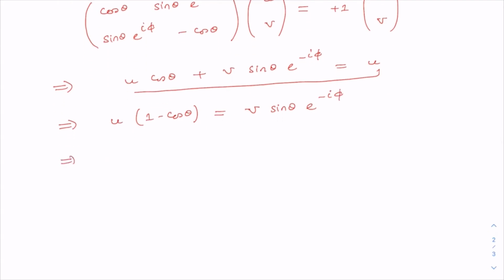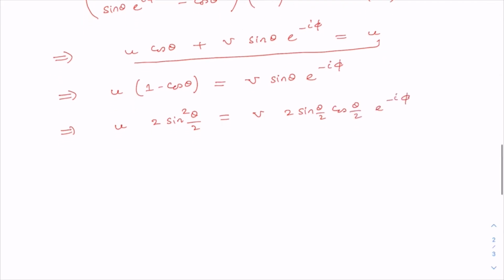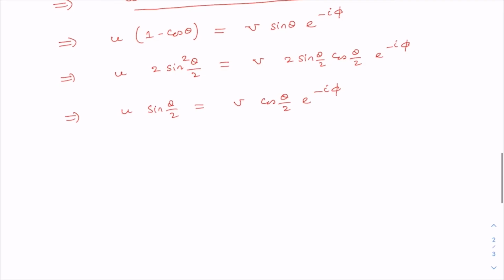Let me now write it as u times 2 sin square theta by 2, and here v times 2 sin theta by 2 cos theta by 2 e to the power minus i phi. From here I write u sin theta by 2 is equal to v cos theta by 2 e to the power minus i phi. So therefore I can immediately guess u and v.